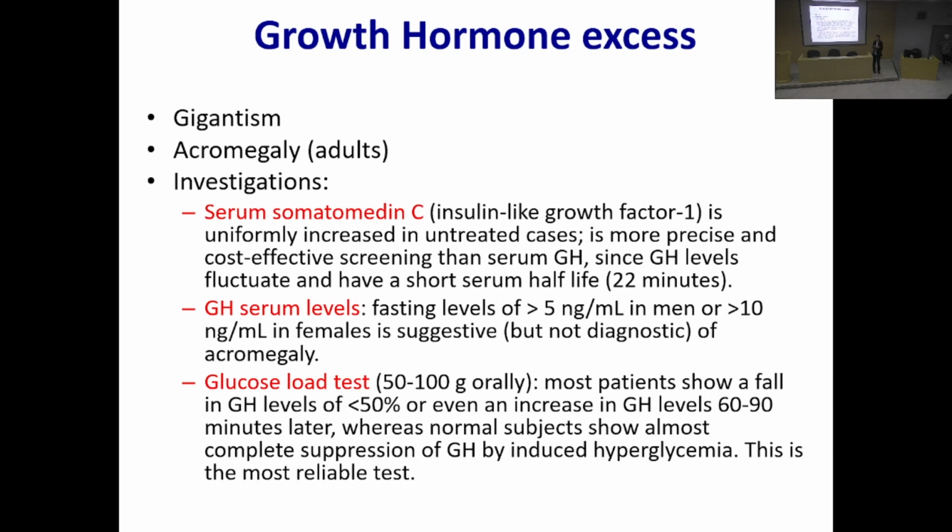So I can simply do a glucose load test, somewhat similar to the OGTT test that you do in pregnancy, where you give them 50 grams or 100 grams of glucose syrup and then measure the levels of glucose in the blood. This is similar, but here you give them the glucose and then you measure growth hormone levels.